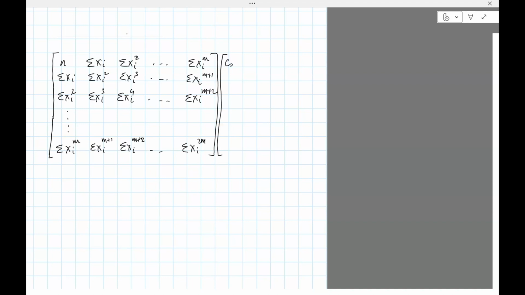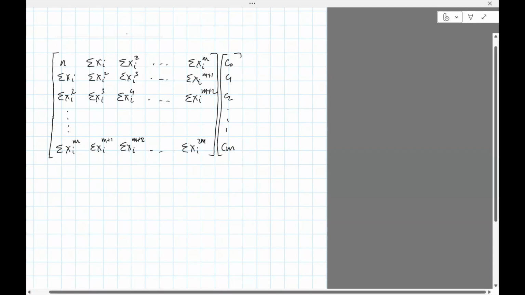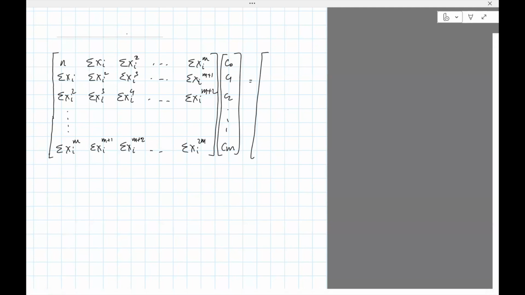And then we have C0, C1, C2, and so on till Cm equals summation y_i, summation x_i y_i, summation x_i squared y_i, and so on till summation x_i^m y_i.